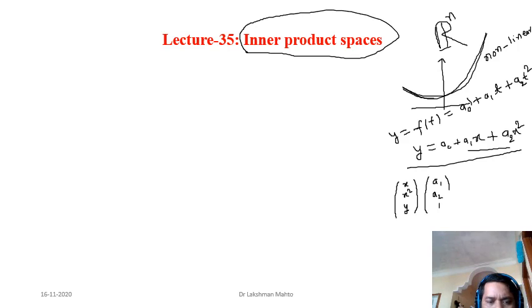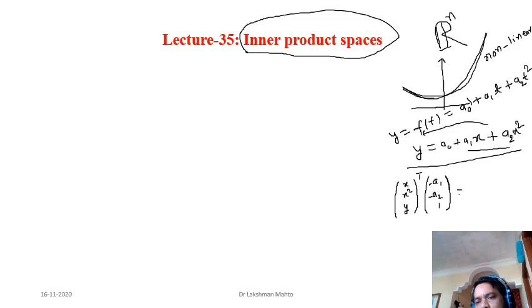I have to stick with the notation I have taken, so I'm taking minus 1. I have brought everything to the left-hand side, so that's where the minus is coming from. I'm writing these in terms of a dot product: the dot product of the three-dimensional vector x, x square, y with minus a1, minus a2, 1 equals what?